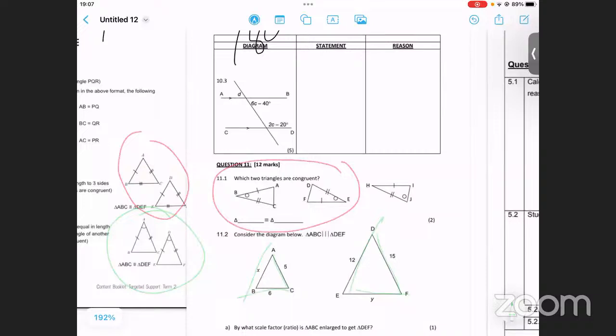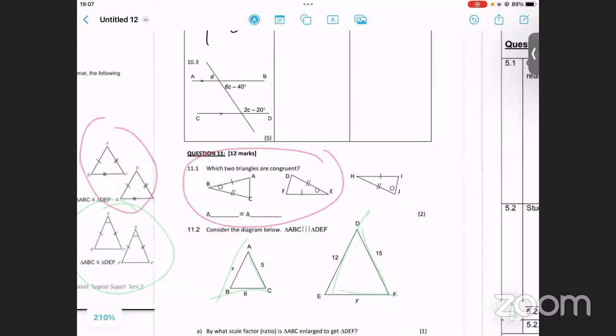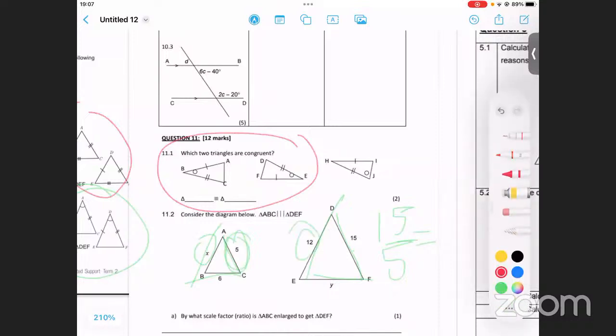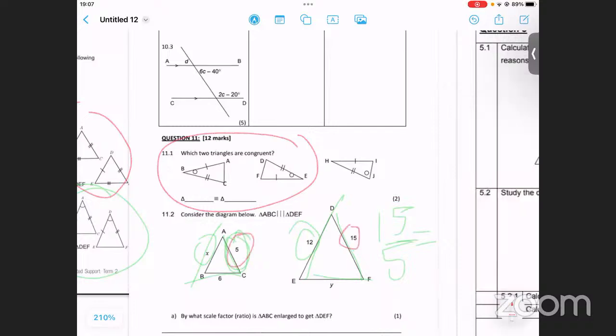If you wanted to check for the value of x, you're going to say 15 divided by 5 is equal to 12 divided by x. So this one, you divide with this one, and this one, you divide with this one.